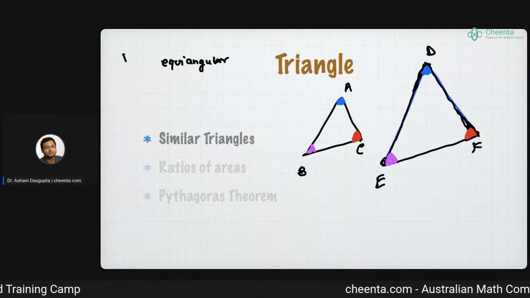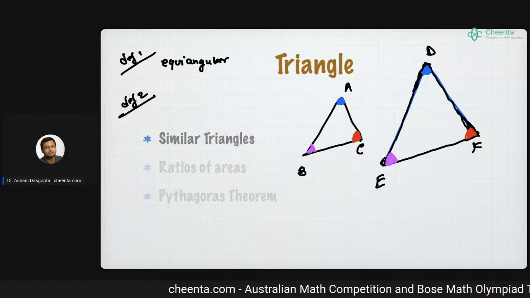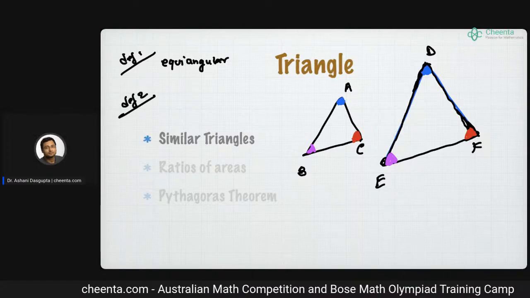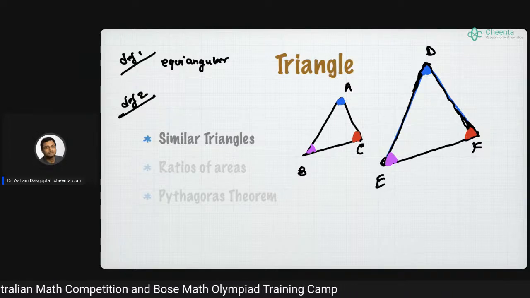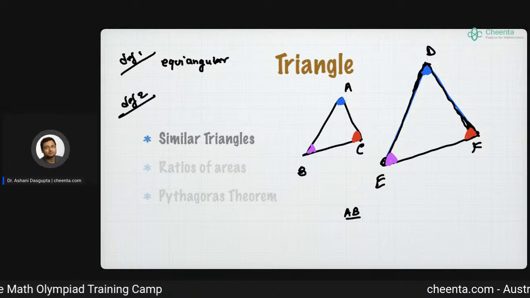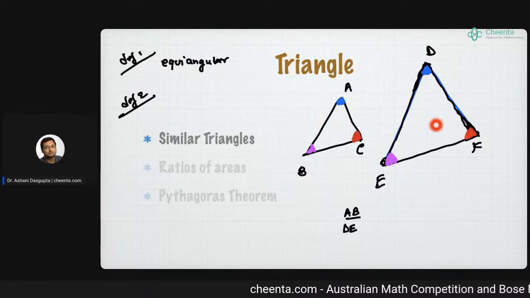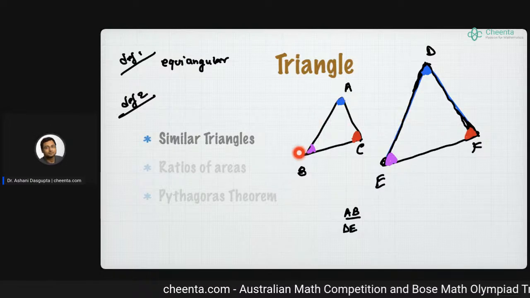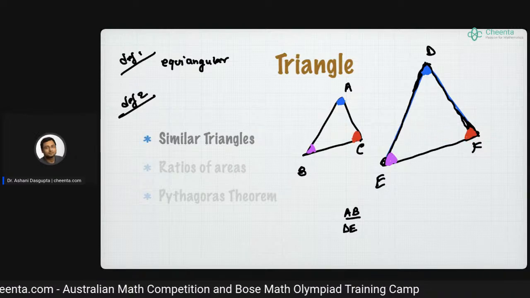This is definition 1, and then there is definition 2, which uses the lengths of sides, the proportionality. So the corresponding sides are proportional. AB over DE, both of them are opposite to the red angle. That's why we call them corresponding sides. AB and DE, both of them are opposite to the equal angles.